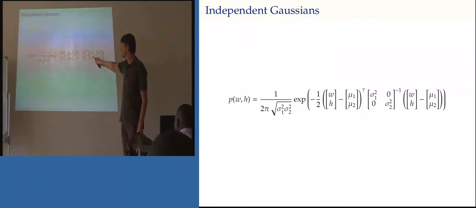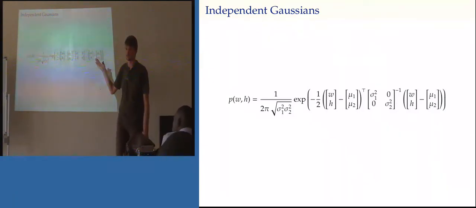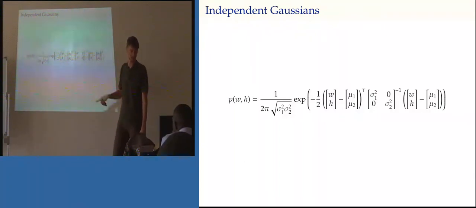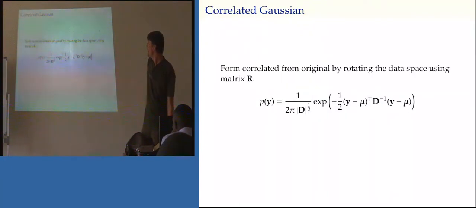So I've got a vector WH, which is now the thing I'm modeling, and a mean mu1, mu2, and I've got a diagonal matrix here, which is inverted. Yeah? So this is giving me, that's basically just two independent Gaussians multiplied together. I get this diagonal covariance, and I get a vector of means. Now the operation you want to perform, so that's it in matrix form, we can form a correlated Gaussian by just rotating.